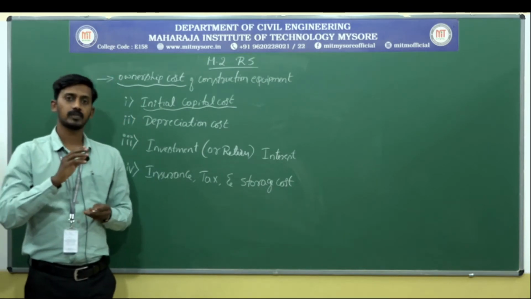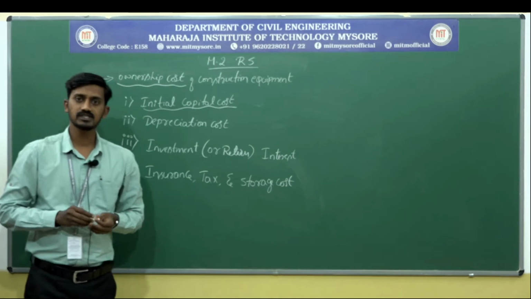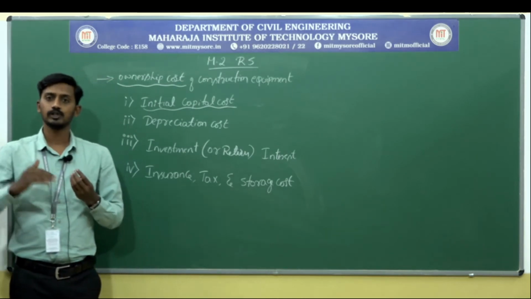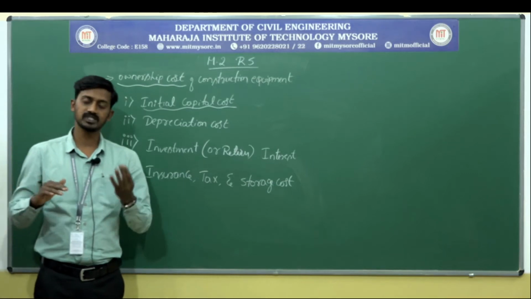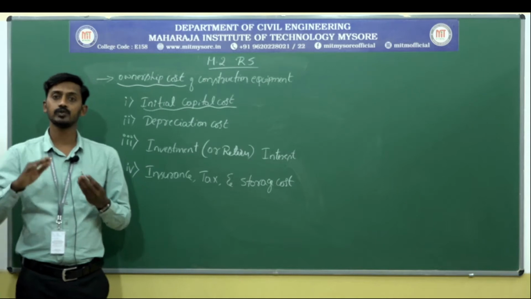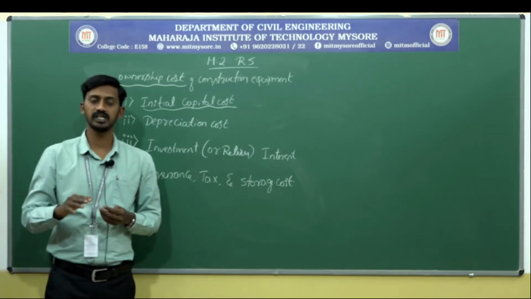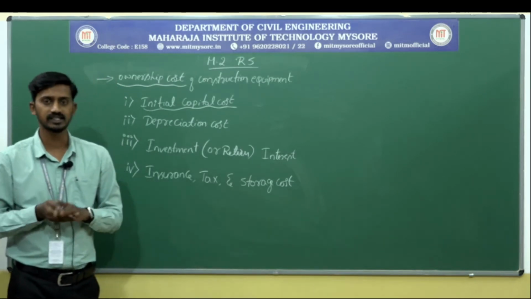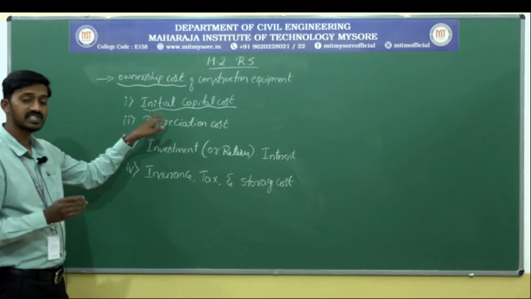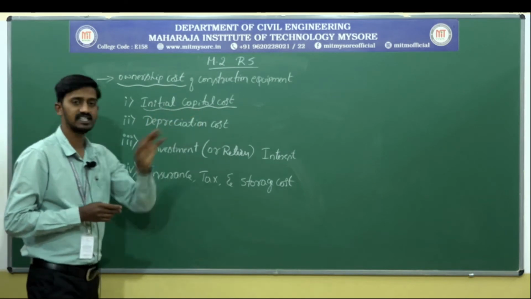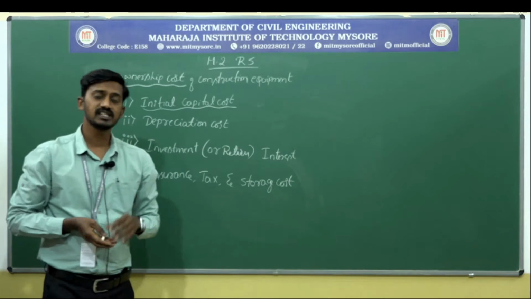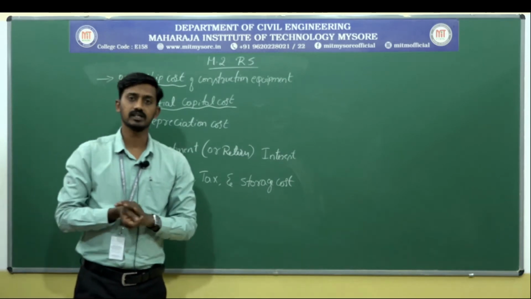Investing means we are losing a certain amount. Obviously we are getting certain equipment, but before getting the equipment, we are losing certain money from our pocket, isn't it? So that can be considered as initial capital cost.